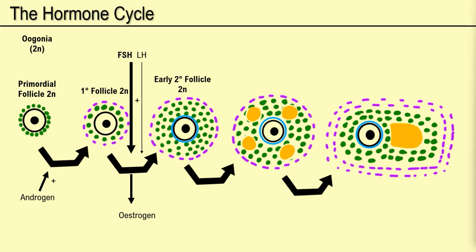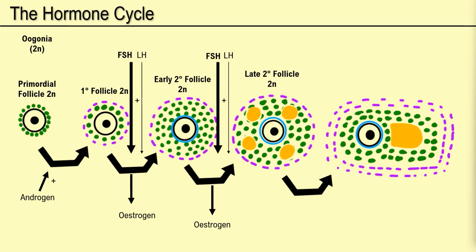More of the same happens now. The early secondary follicle receives FSH and a little LH from the anterior pituitary and in turn secretes more estrogen until it becomes a late secondary follicle.